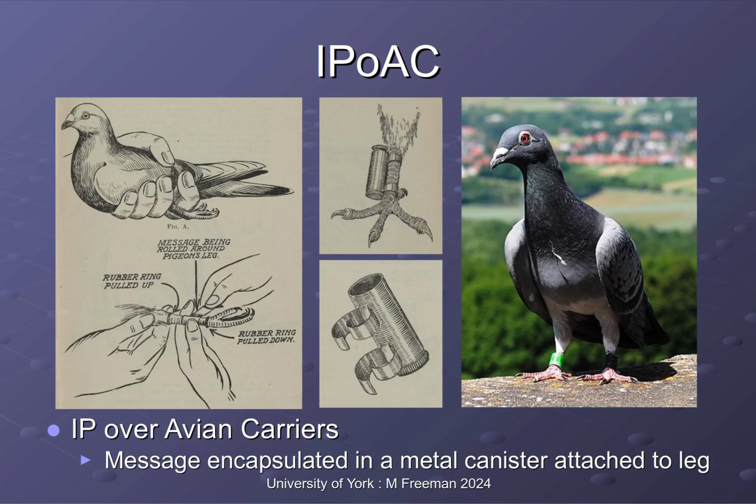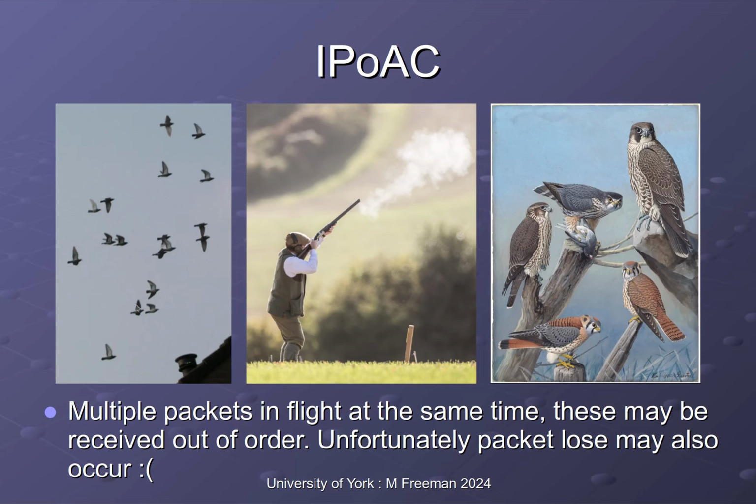So we have our IP protocol, but rather than being transmitted across copper cable or as light pulses down fiber optic cable, our packets will be put into a little container on our pigeon's leg, and obviously they'll then fly to their intended destination. As you can imagine, if you're sending your message using pigeon carriers, you'll be sending multiple packets at the same time. So you'll have multiple packets in flight at the same time.